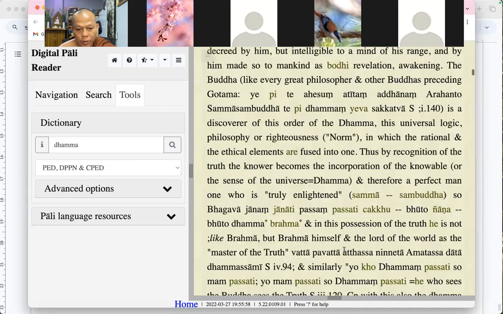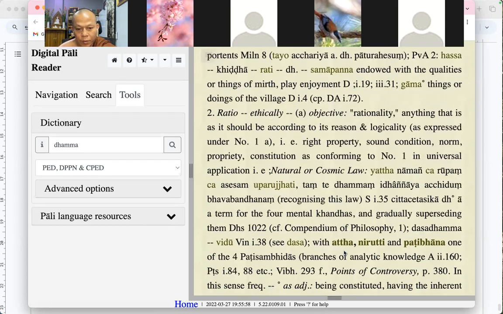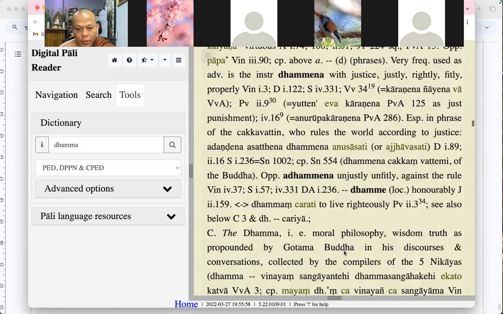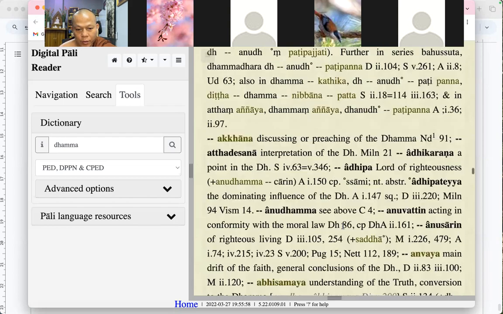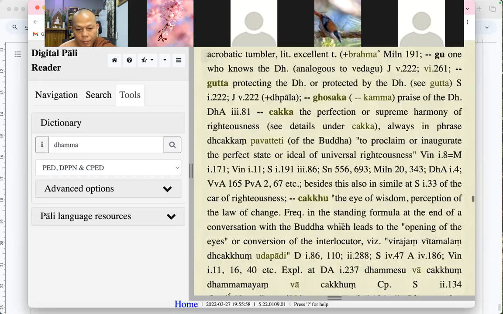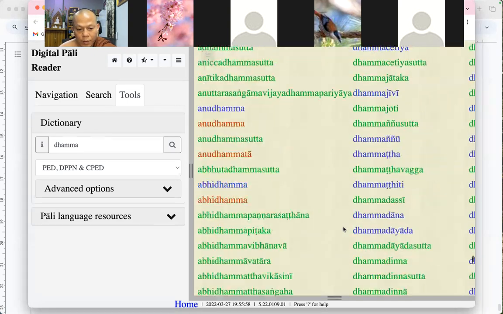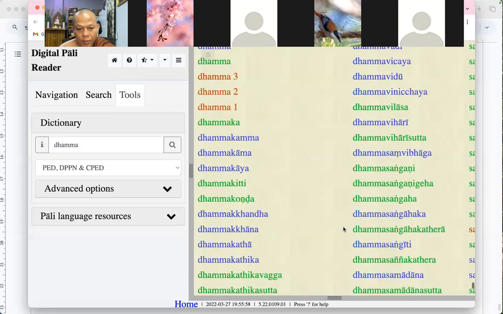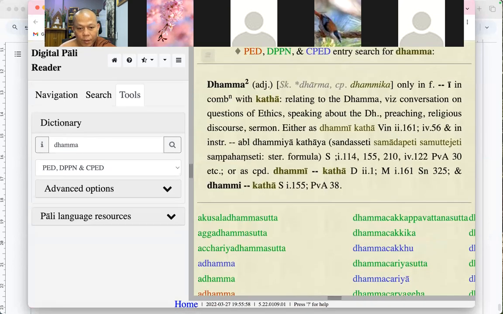But these are usages. And then the second Dhamma, the third Dhamma, is an adjective, you see.